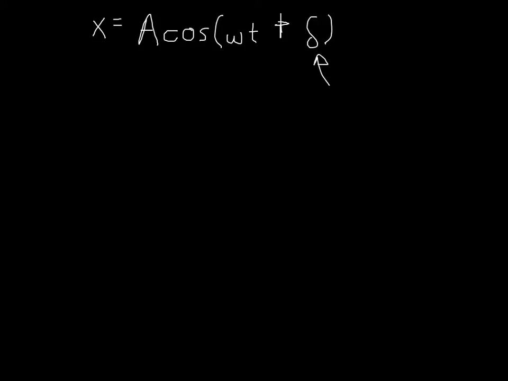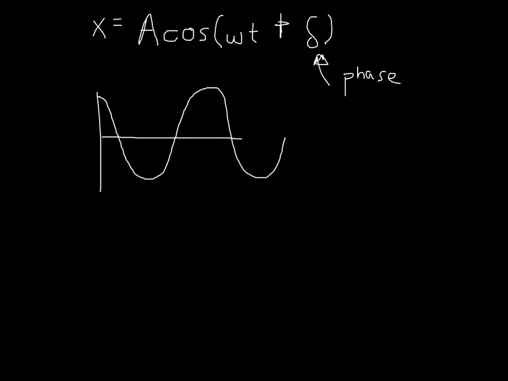This delta is called a phase. It shifts where my wave starts. In the plot we've already seen, for A cosine omega t, I started at my maximum amplitude and let my wave oscillate. If I don't pull my spring as much as I possibly can, then my wave isn't going to start at exactly the maximum height. It's going to start somewhere a little bit lower, but it's still going to oscillate back and forth.